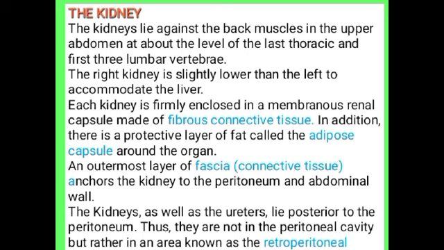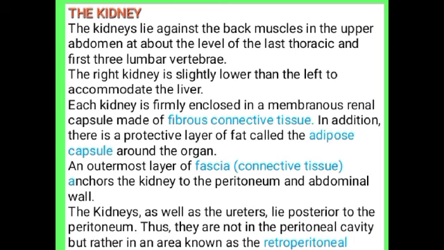The kidney is found within the abdominal cavity, posterior to the peritoneal cavity. The kidneys lie against the back muscles of the upper abdomen at about the level of the last thoracic and first three lumbar vertebrae. So this is where it is found.